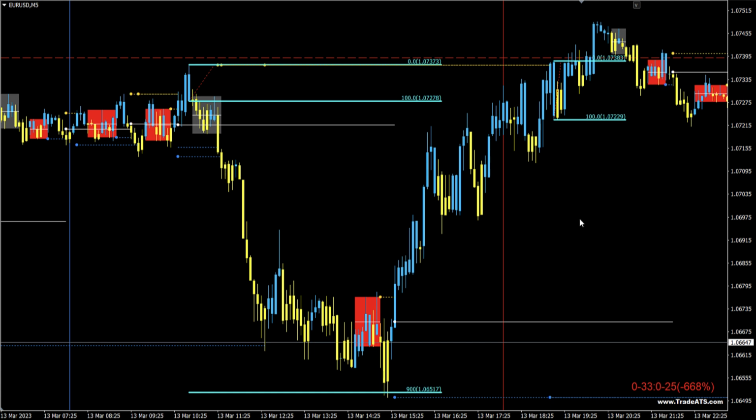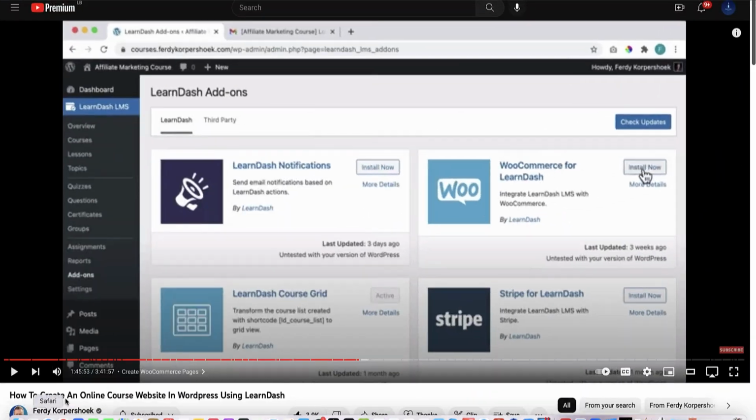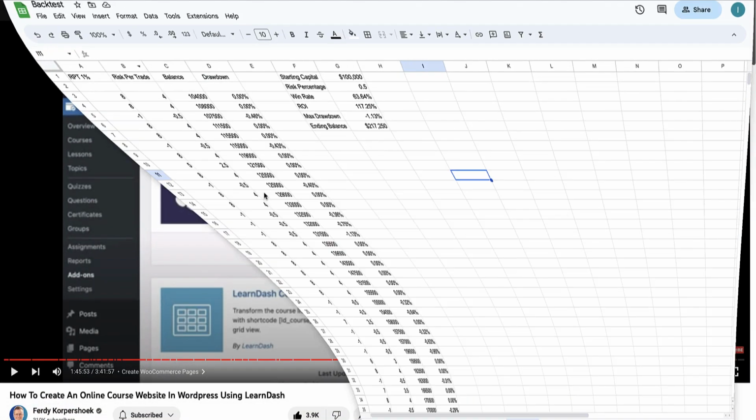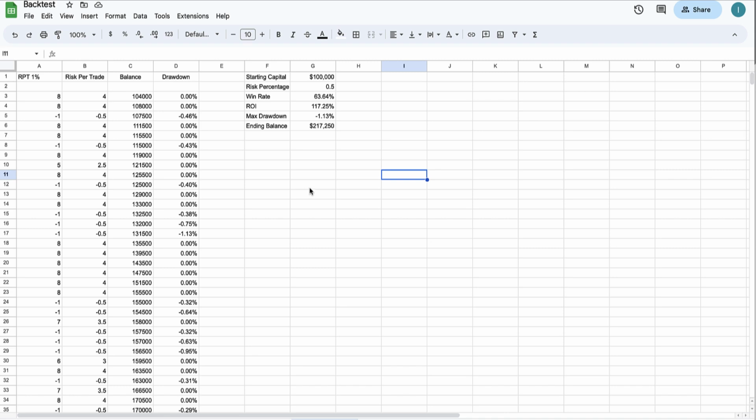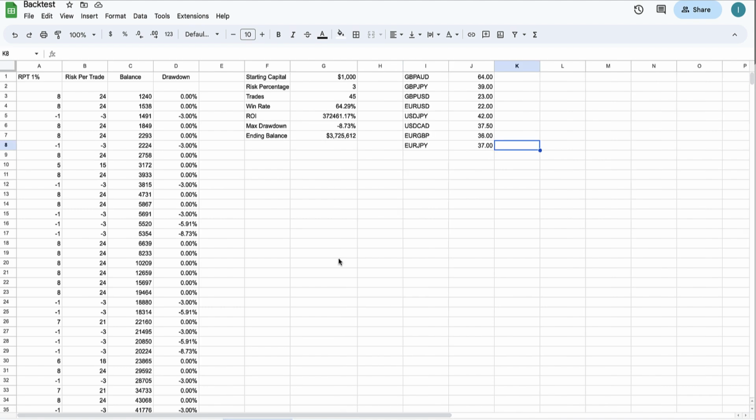Okay, now I have tested this strategy on several pairs, and I have found that it has some interesting results. So let's see what we can expect with this strategy. I have tested it on these pairs for the last week with a risk per trade of 1% and a reward of 8%.